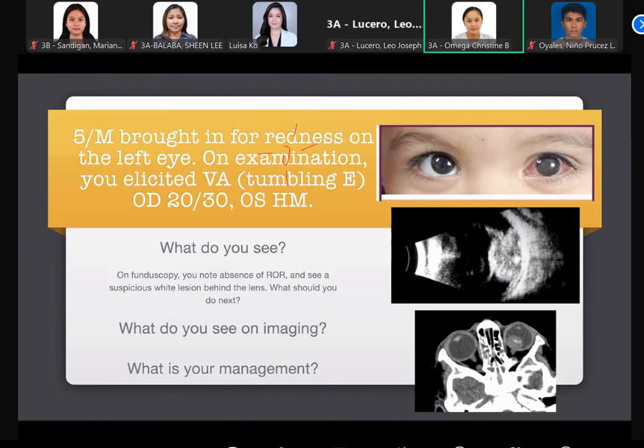Removal of the affected eye, Doc. And this is indicated if the tumor is too large and if there is no chance of vision preservation. So you're considering a tumor. Yes, Doc. What tumor? Retinoblastoma, Doc.